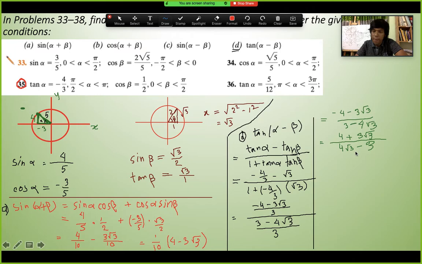And to rationalize the denominator, we need to multiply up and down by the opposite of what we have here. I mean, this is 4 root 3 minus 3, so we have to multiply up and down by 4 root 3 plus 3, so that this becomes the a square minus b square formula. We can use that formula here. So multiply both numerator and denominator by, we have to give a bracket here when you multiply, or else it will look like 3 root 3 into this. That will be a mistake.